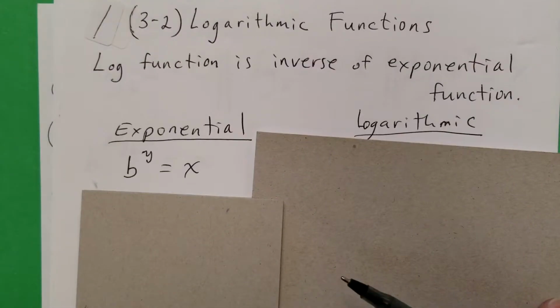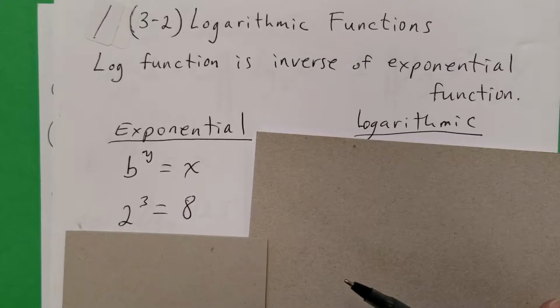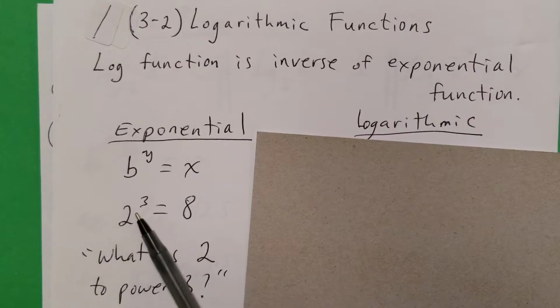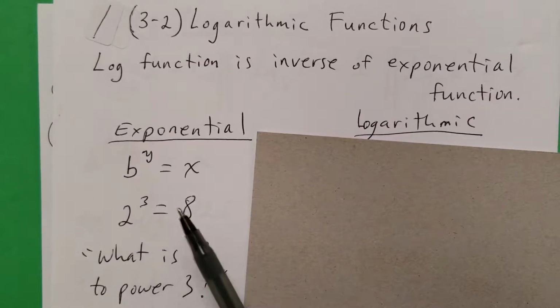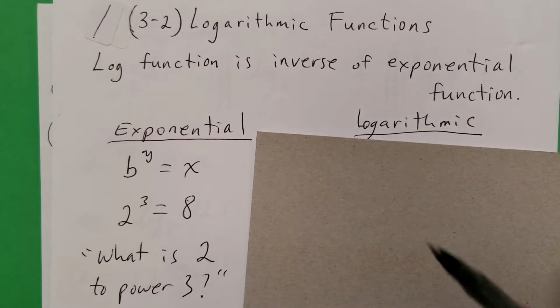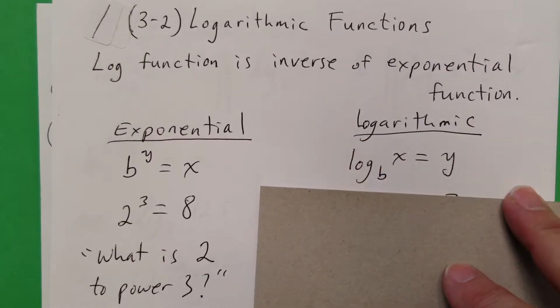For example, 2 to the third power equals 8. What we're asking in exponential is, what is 2 to the power of 3? Why, it's 8. Logarithmic is the other way around. This is the way we write it.